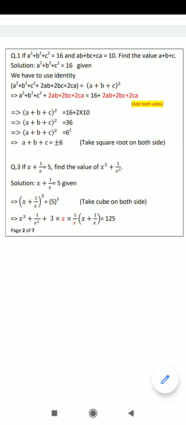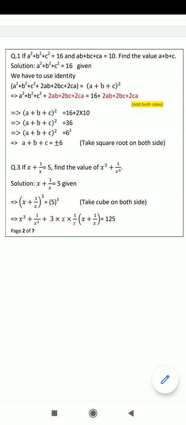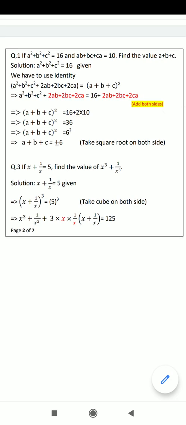And the solution: whatever is given we will start from that. a square plus b square plus c square equals 16 given. Now if we have to use the same identity, a square plus b square plus c square plus 2ab plus 2bc plus 2ca equals (a plus b plus c) whole square, we have to convert to this identity.